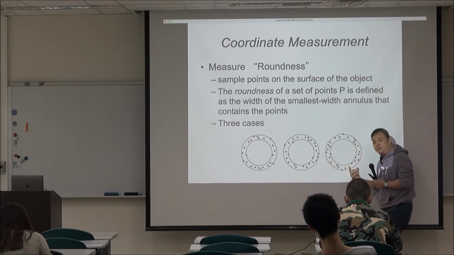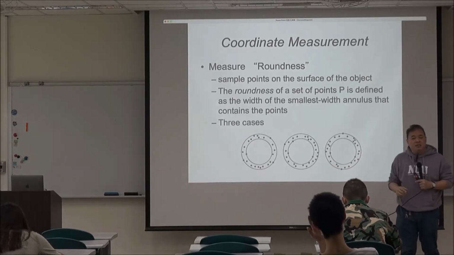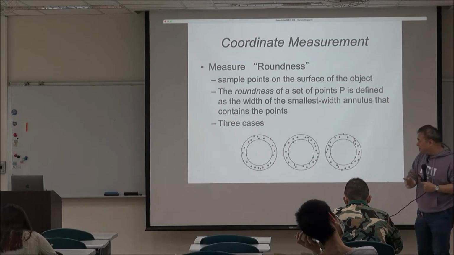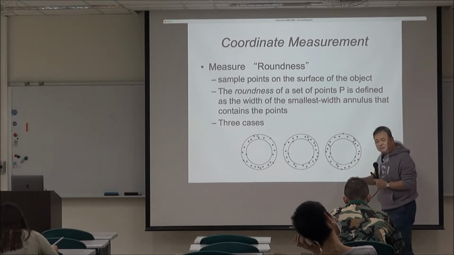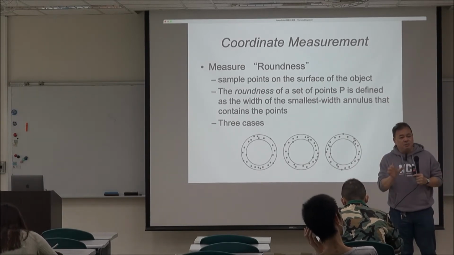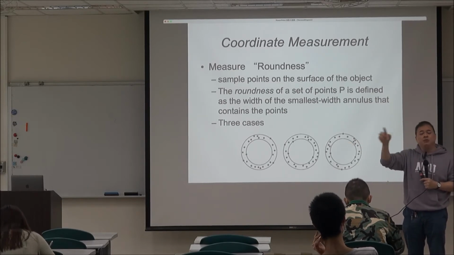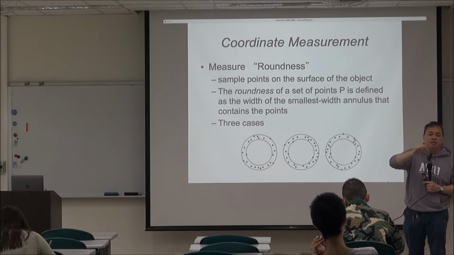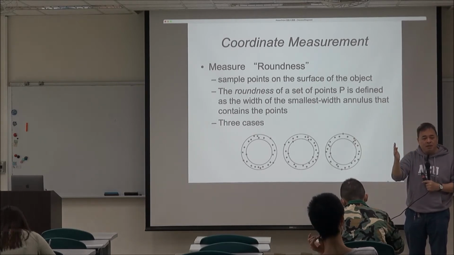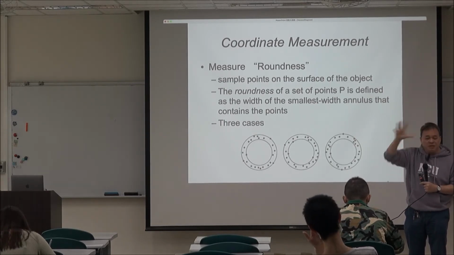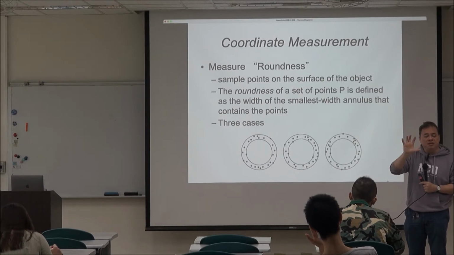How about the third one? The third one is very tricky. Now it's kind of like you have a moving target. You use two furthest points and two nearest points: two furthest points to draw the outer circle and two nearest points to draw the inner circle.